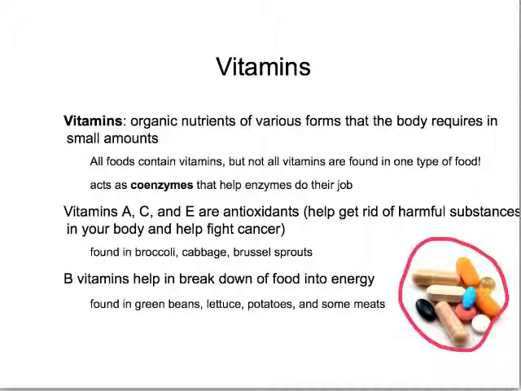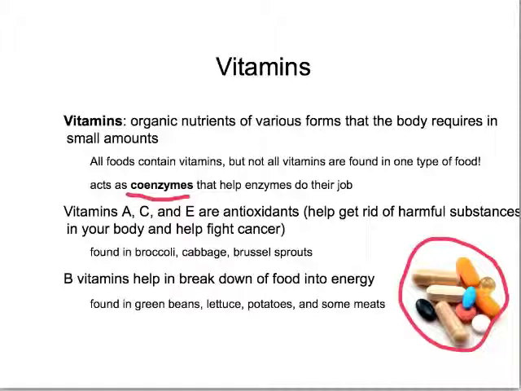Now, vitamins are little organic compounds that act as coenzymes. So they're going to help enzymes do their job in your body. Vitamins A, C, and E are what we call antioxidants. They're going to help enzymes clear the body of harmful substances and help fight cancer. Vitamins A, C, and E are found in broccoli, cabbage, Brussels sprouts, those dark green vegetables.